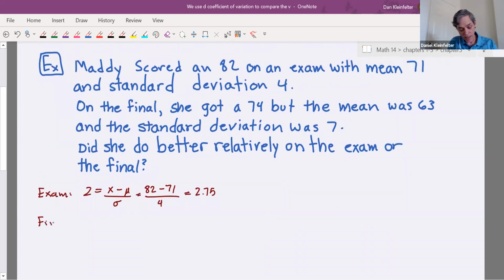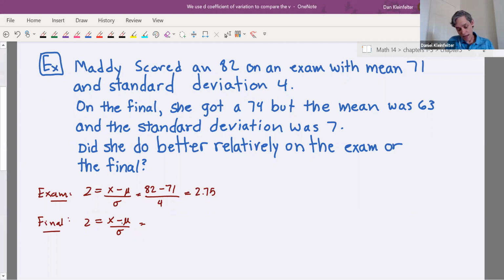So then for the final, z is x minus mu over sigma. I think it's a good idea to write the formula every time you use it, at least until you know the formula really well. Partly because it helps you learn the formula, and partly because it helps make sure you put the right things in the right places. So next, I want to be sure if I should have 74 minus 63 or 63 minus 74, right?